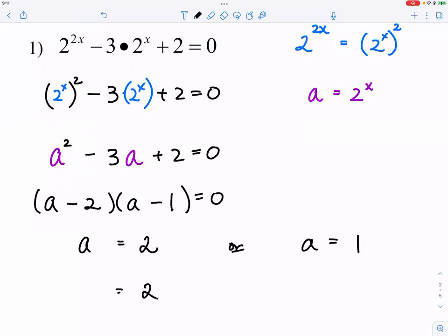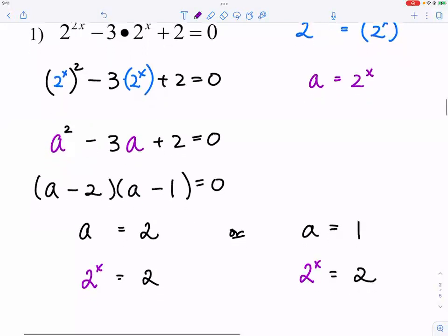And that means we need to put the 2 to the x back in, because that's what a is. Okay, so a is like a little vehicle to replace 2 to the x for the moment, temporarily.